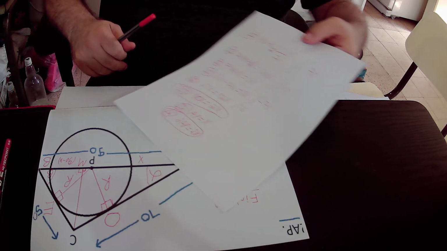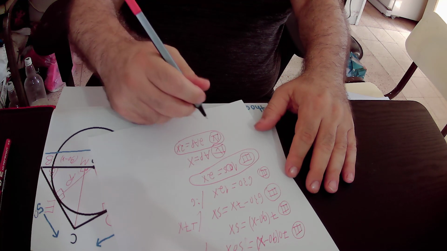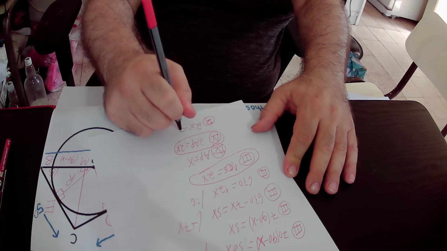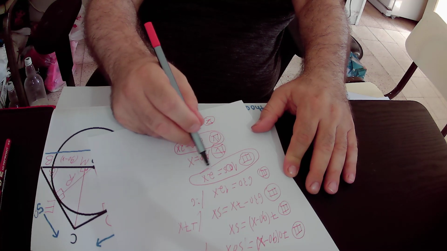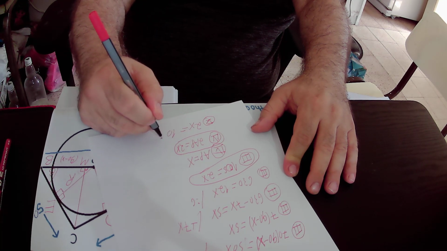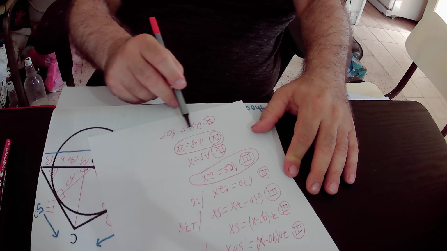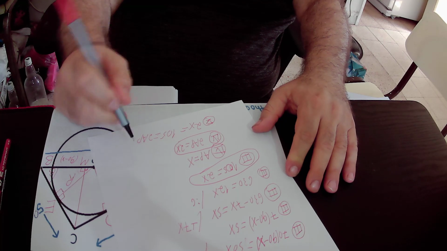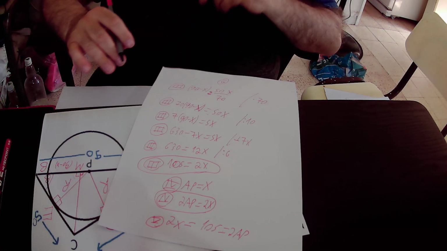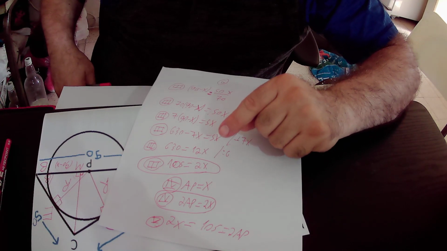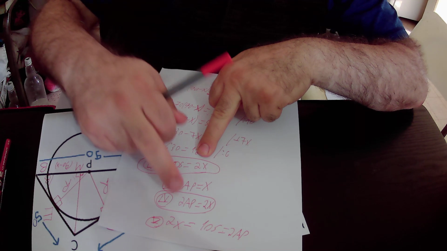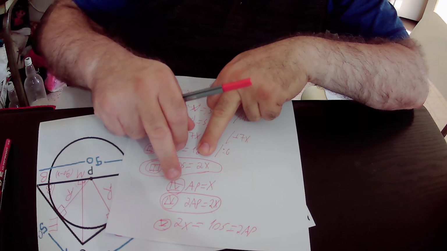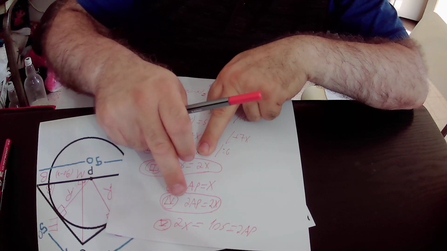From the third equation, 2x equals 105, and from the fourth equation, 2x equals 2 times AP.